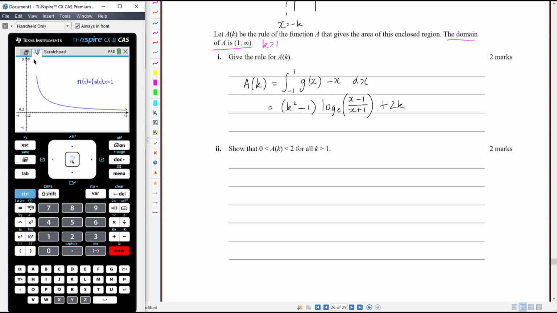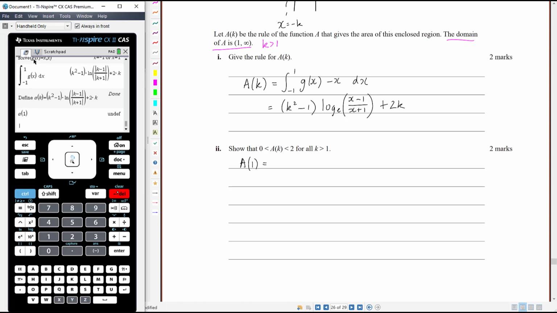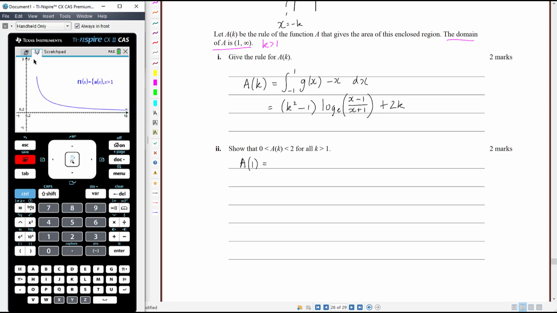So if we have a look at what A of 1 actually equals, A of 1 is undefined, sorry, because that's not included. That's a good point. We really need a limit, which I don't really want to get into here. So let's see if we can use graph trace.